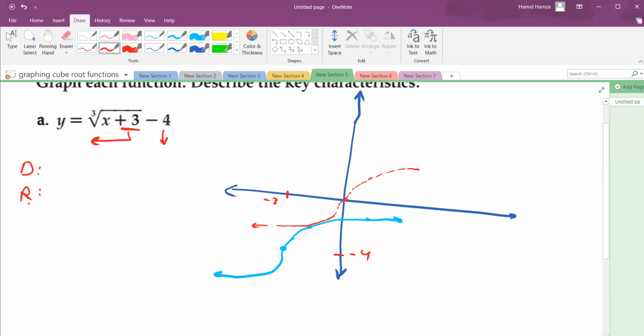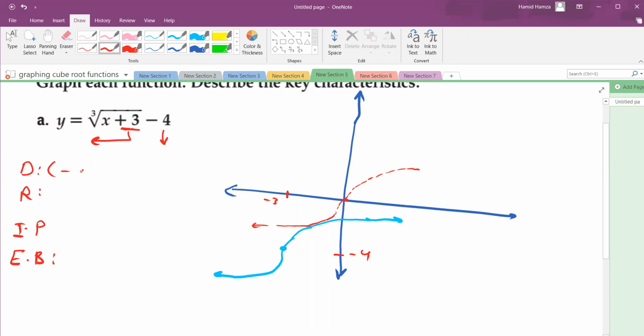What's the range? What is the inflection point? I'm sorry, not reflection point, inflection point. What's the inflection point, and what is the end behavior? So the domain is what, Yaman? Omar? So again, what's the domain?